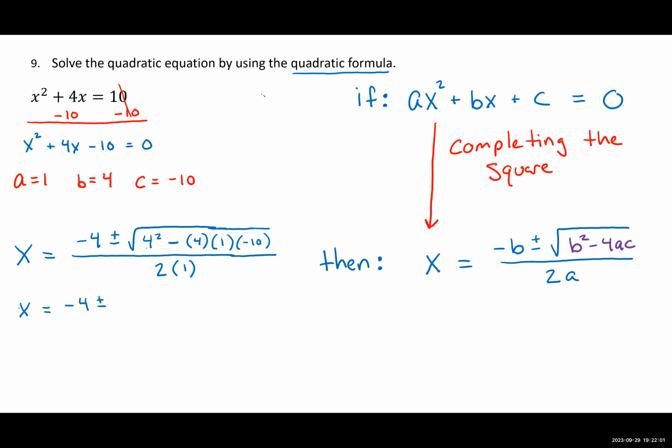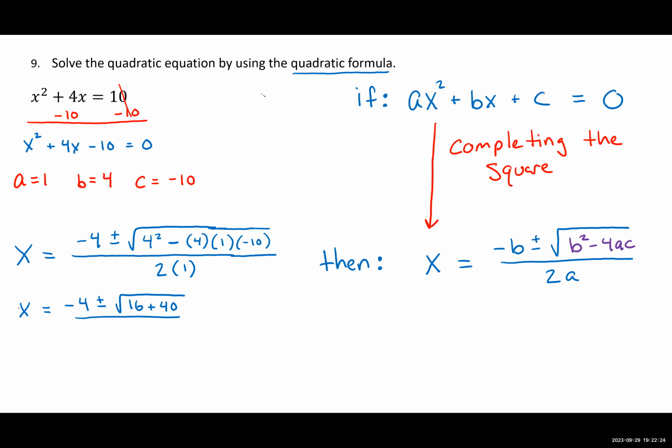Now let's see what we got under the square root. 4 squared is 16. And then we got minus 4 times 1 is 4, times 10 is 40, but it's negative 10, so that's negative 40. So it's actually minus a minus 40, which is plus 40.